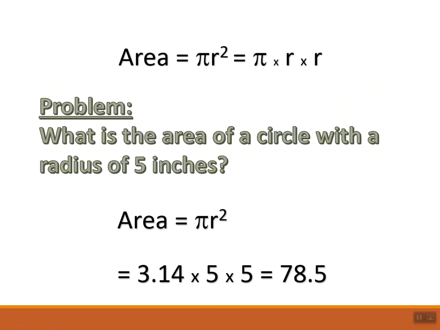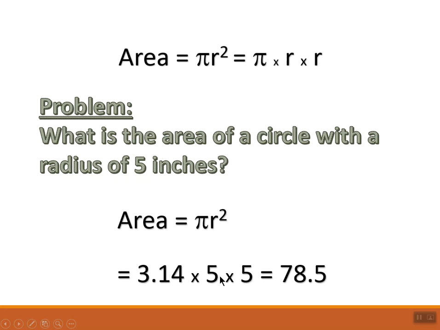So let's talk a little bit about a problem using the formula pi r squared. Okay, so here's the formula. Again, r squared is just simply r times r. So what's the area of a circle with a radius of 5 inches? Using our formula, we'll plug in 3.14 for pi. We've got 5 and 5.